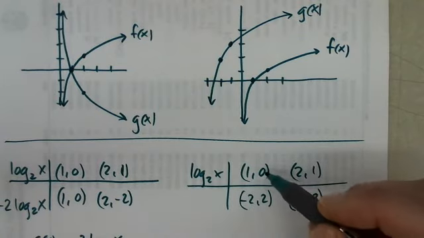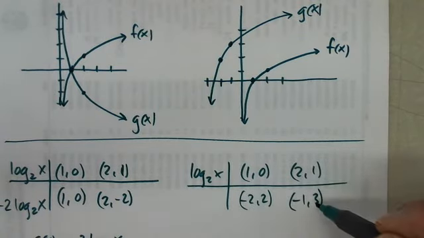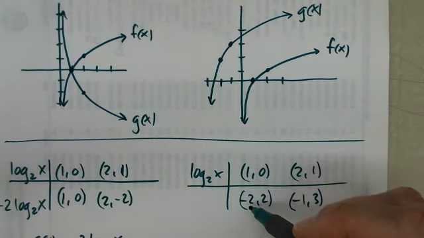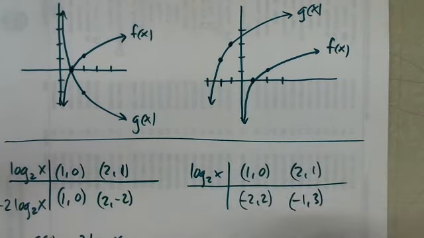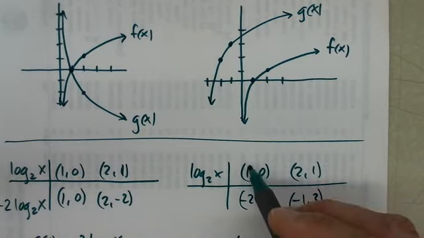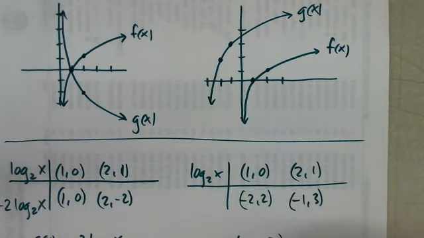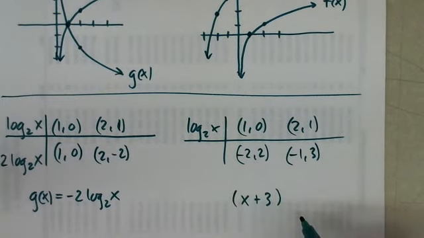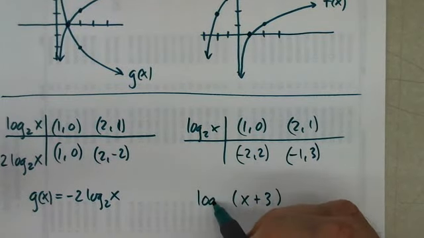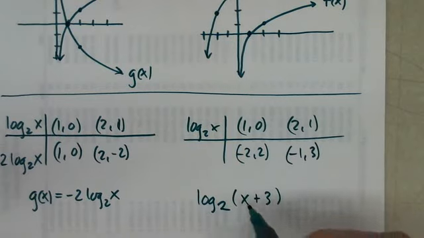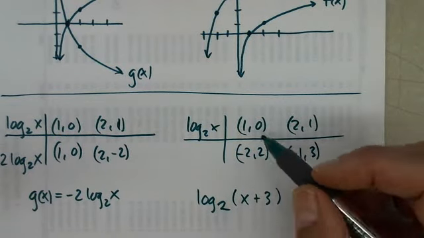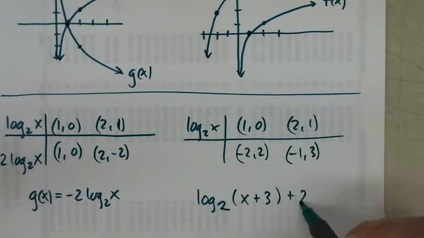Well, that works. +2, +2. So that works. The -3 is horizontal, so we know that's going to be inside. And if we do -3, we have to do the inverse there. So we're at log base 2. There's our horizontal change, and then +2 outside.